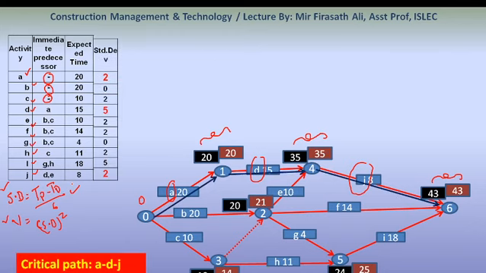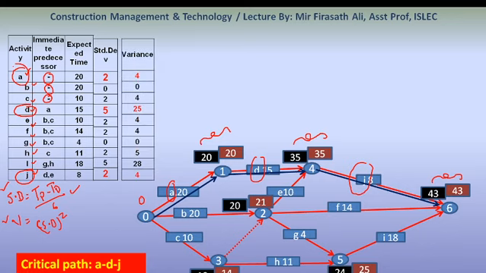The red marks are the standard deviations of the critical activities A, D and J. Now, how to calculate the variance? The square of the standard deviation is the variance of the activities.